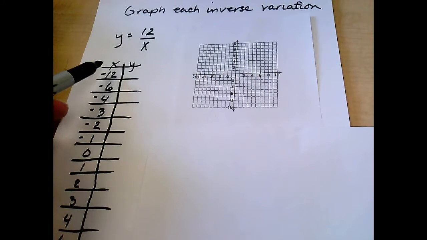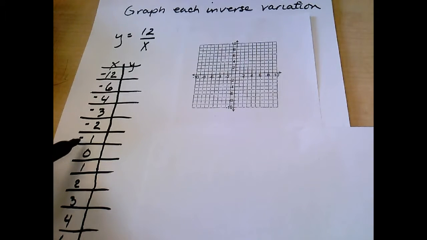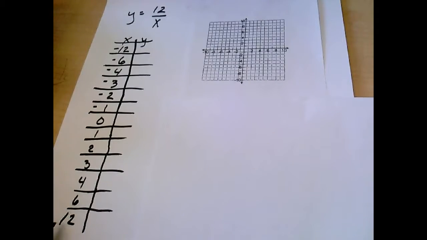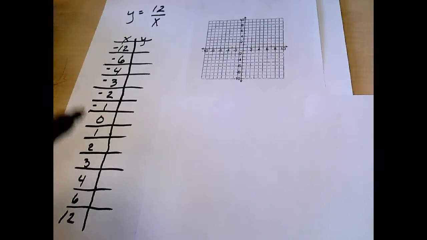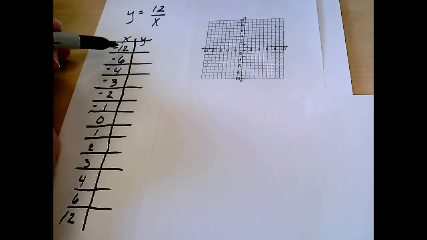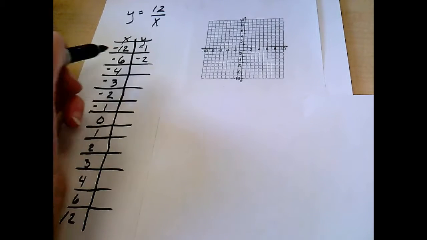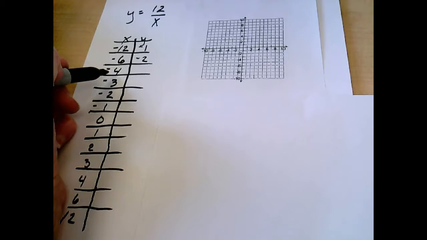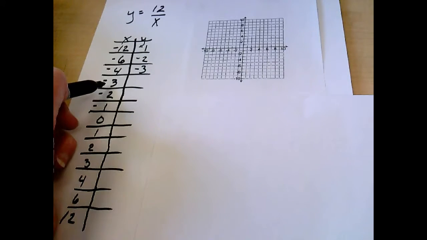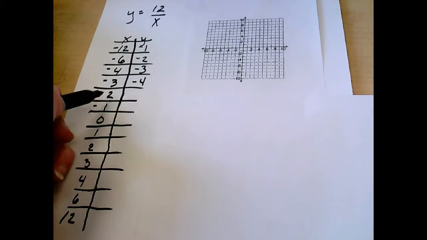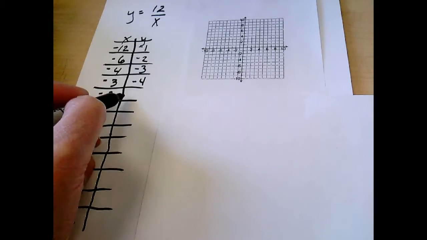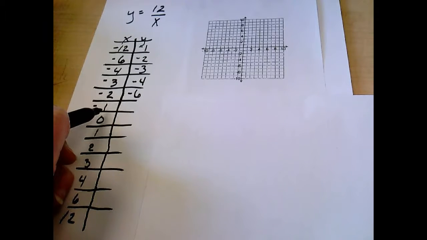So I picked for my x values -12, -6, -4, -3, -2, -1, 0, 1, 2, 3, 4, 6, and 12, because I can divide 12 by all those numbers. 12 divided by -12 is -1. 12 divided by -6 is -2. 12 divided by -4 is -3. 12 divided by -3 is -4. 12 divided by -2 is -6. 12 divided by -1 is -12.